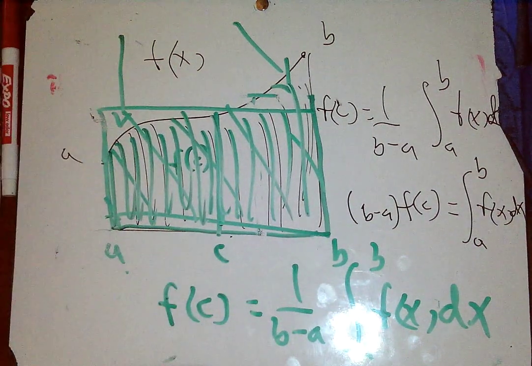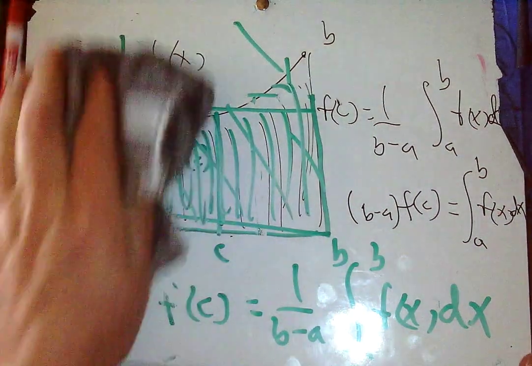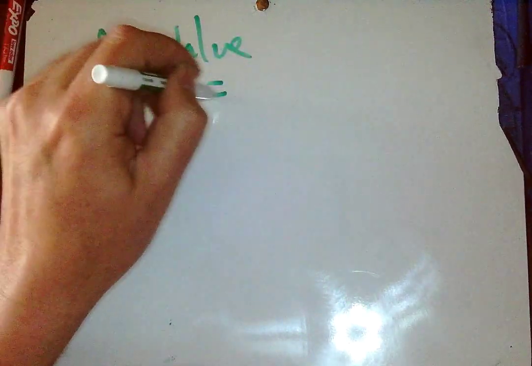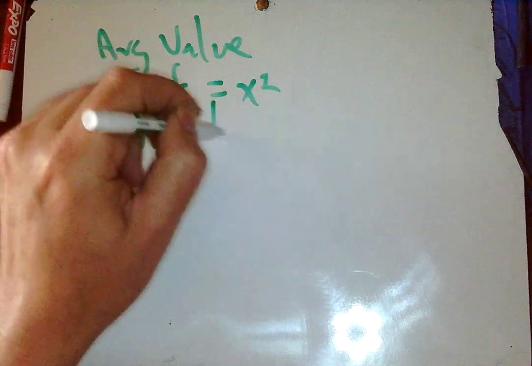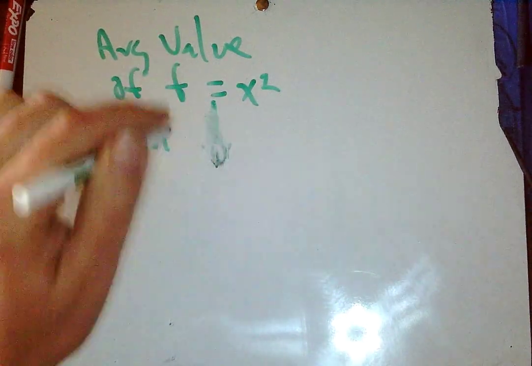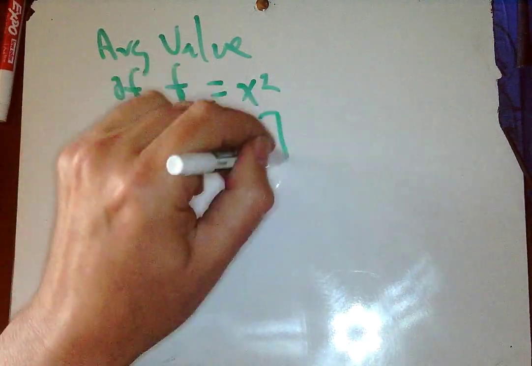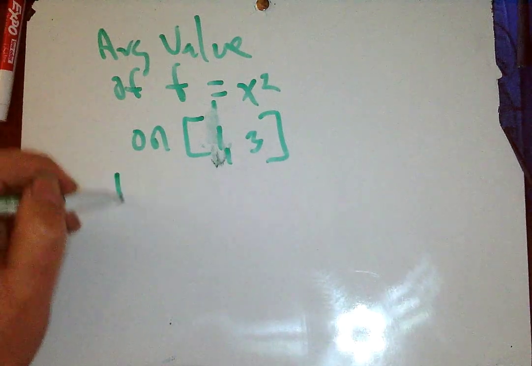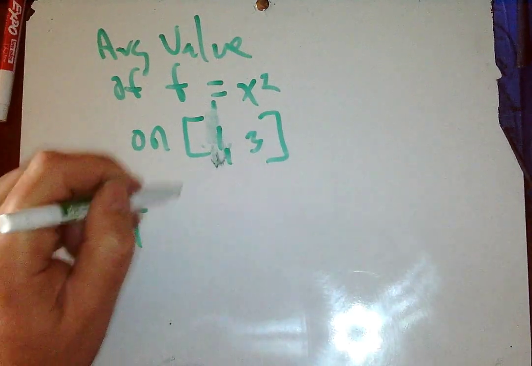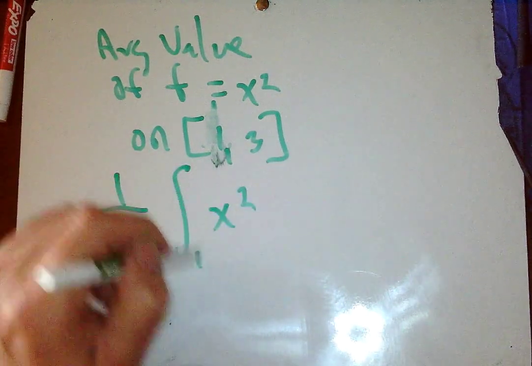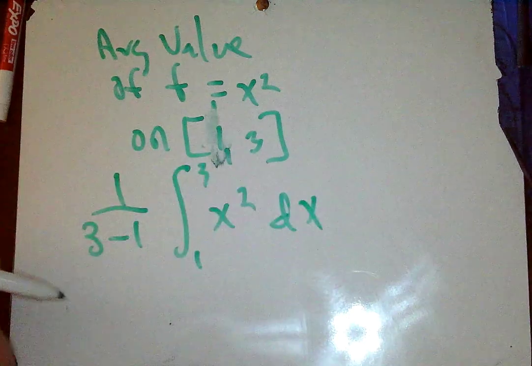Wow. So if we're asked to find the average value of a function, I have to use the average value formula. If I want to know the average value of f equals x squared on 1 to 3, then I'm going to say, great, that's going to be 1 over 3 minus 1 integral x squared from 1 to 3 dx.